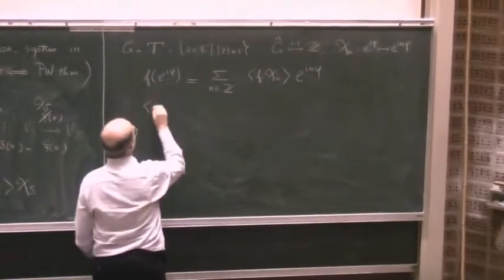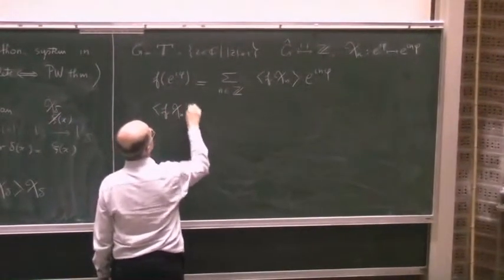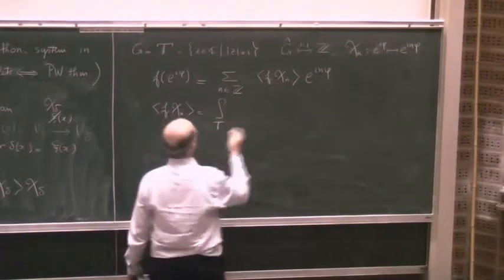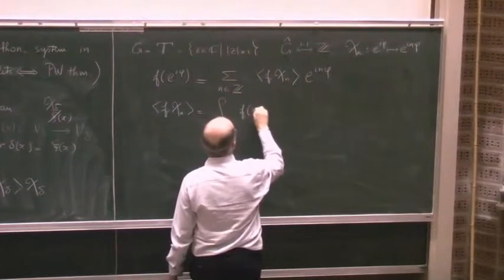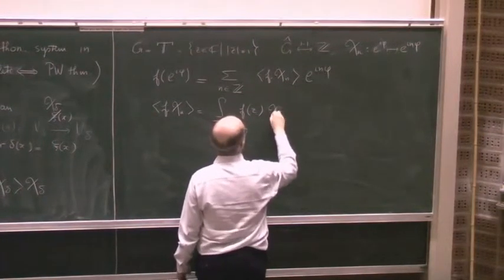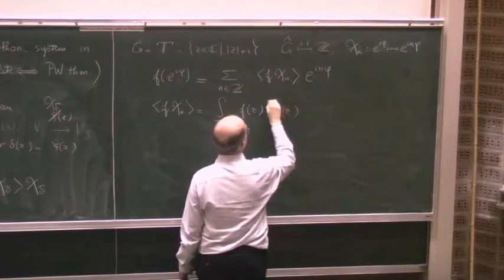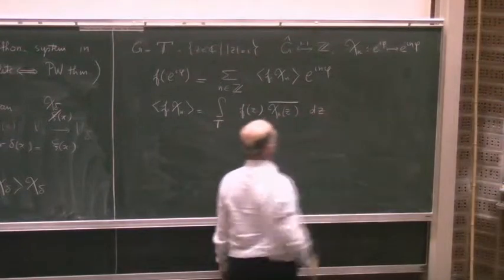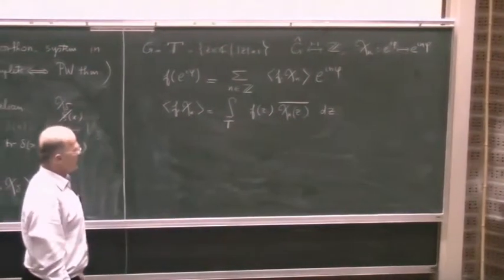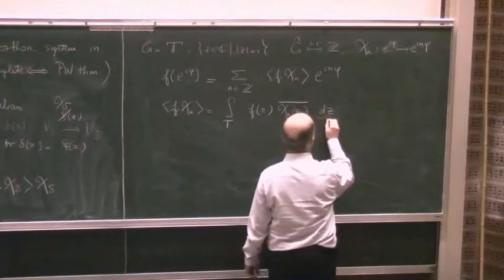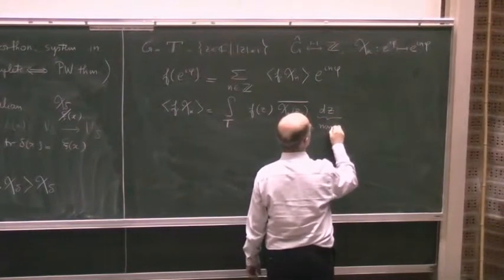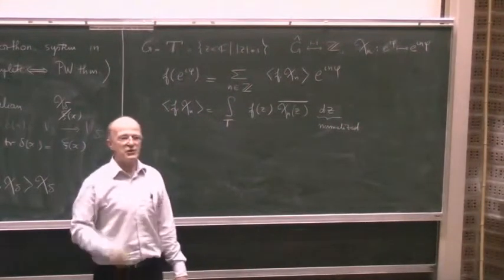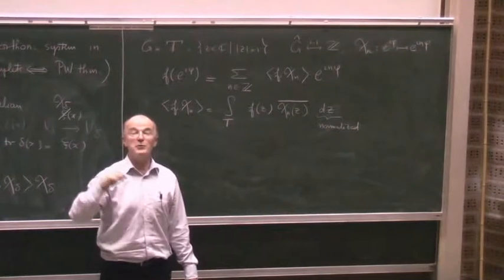Well, let's write out what this means. This is the integral over the circle, and then we take f of z times chi n of z bar, and then here we have the measure dz, where this should be the normalized translation invariant measure, but translation on the unit circle is just rotation.